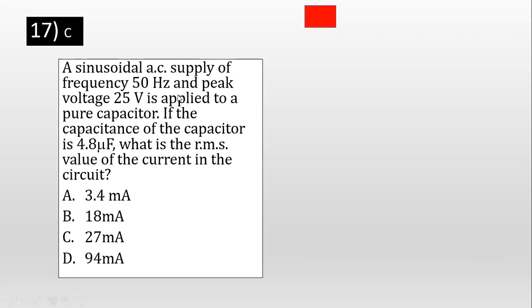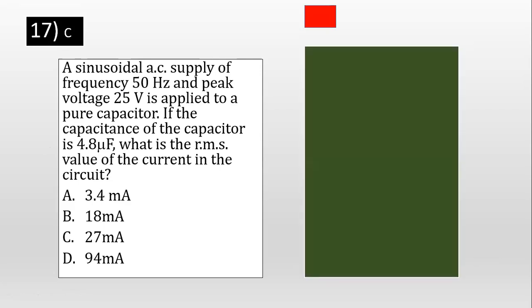17. A sinusoidal alternating supply of frequency 50 Hz and peak 25 volt is applied to a pure capacitor. If the capacitance of the capacitor is 4.5 microfarad, what is the root mean square current of the circuit? Same as previously. Previously it was a pure inductor.